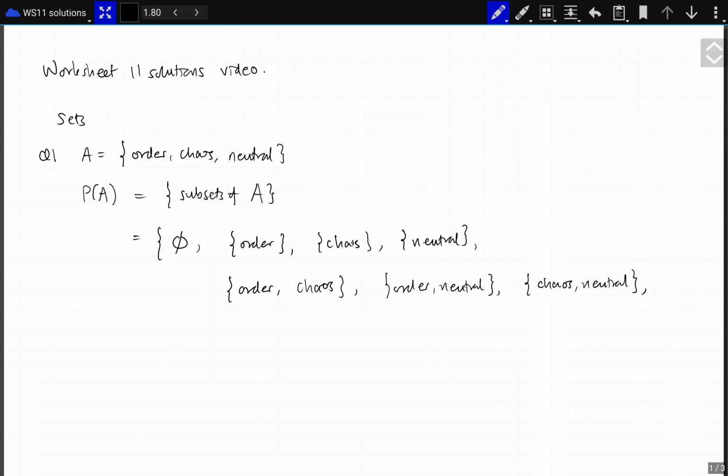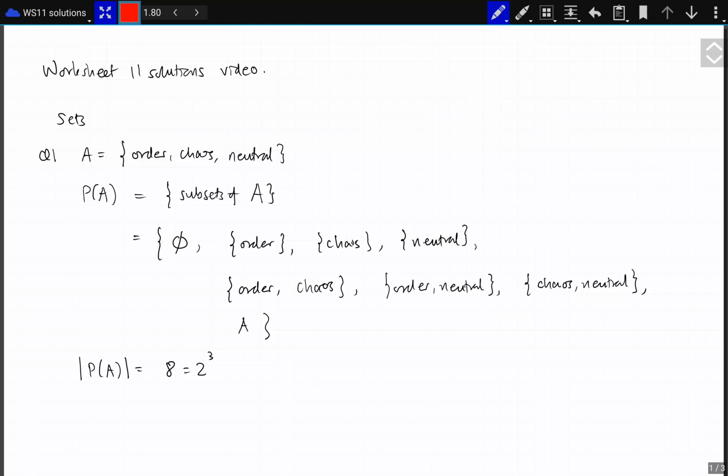And finally there's the set of size 3, which is A itself, order, chaos, and neutral. So if you count, there's 1, 2, 3, 4, 5, 6, 7, 8 elements total. And that's 2 to the 3 because the size of A was 3.